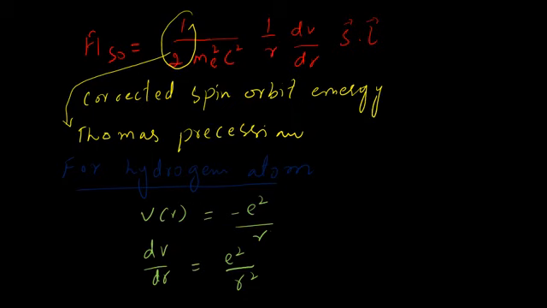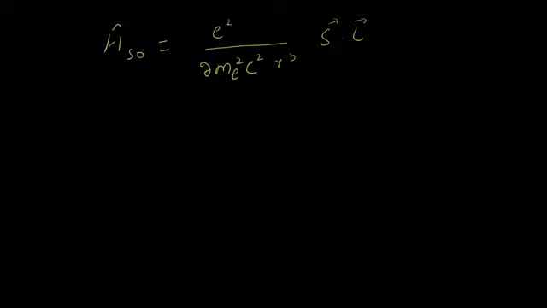When we put the value of dV/dr into the spin orbit interaction term, the spin orbit interaction energy for the hydrogen atom is e²/(2 m_e² c² r³) S·L.